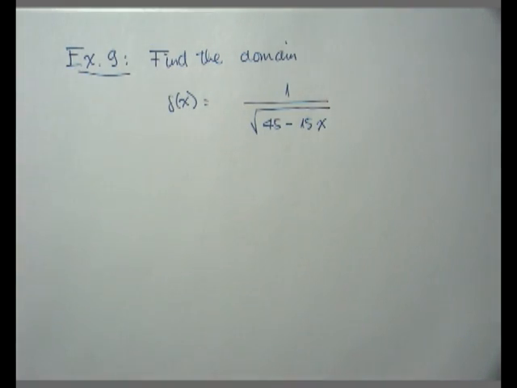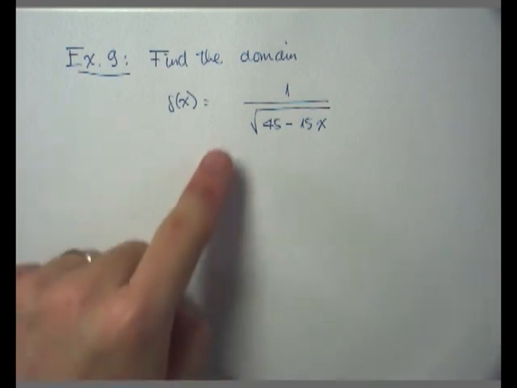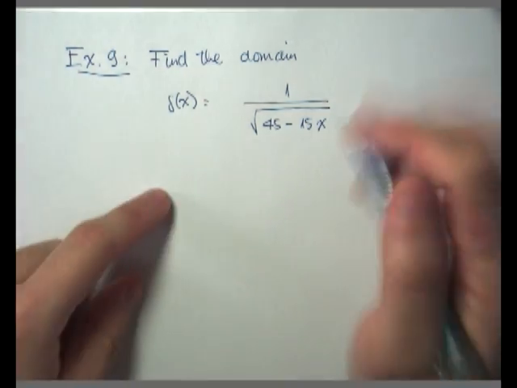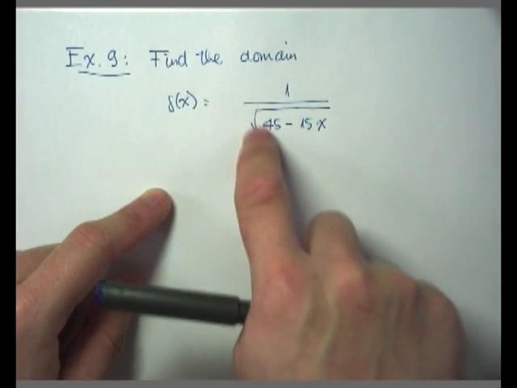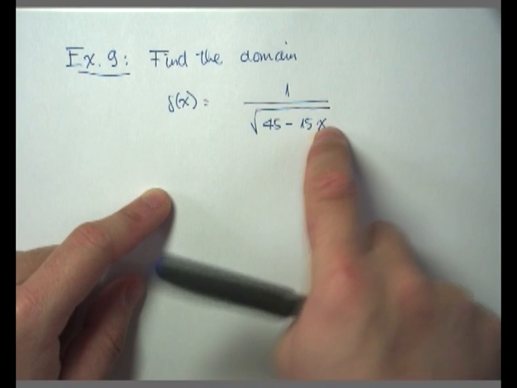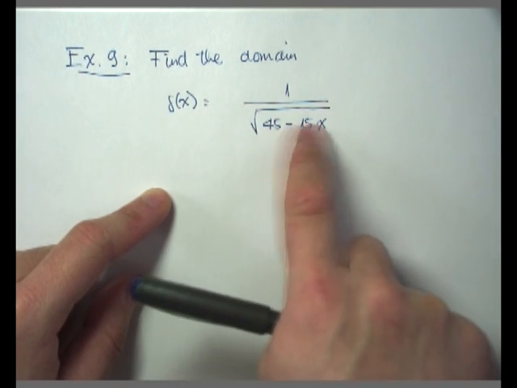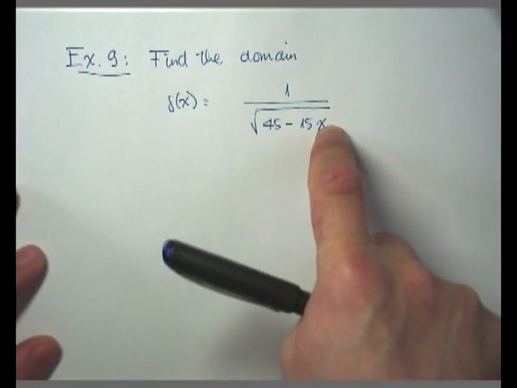And so once again, you have the two concerns all together in this function. I have a fraction, where my denominator is the entire square root of 45 minus 15x.